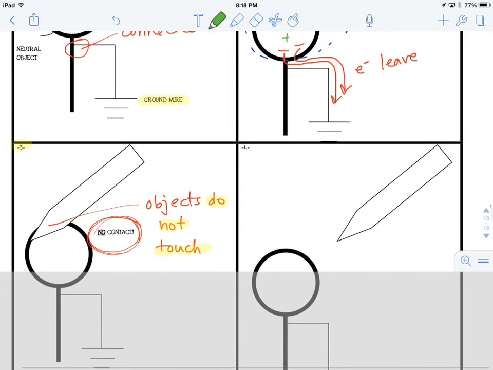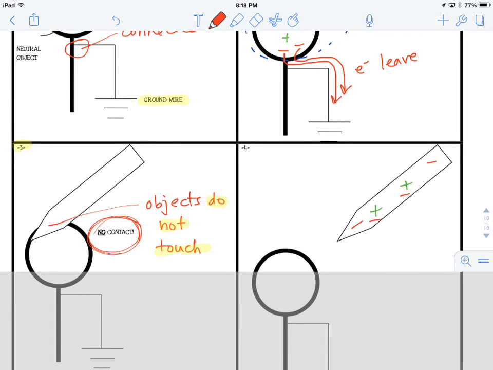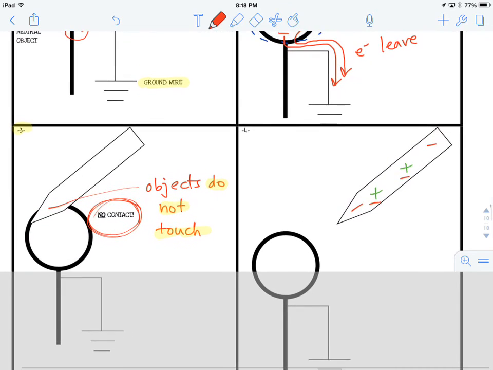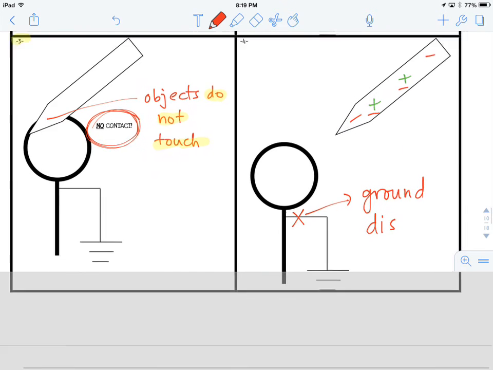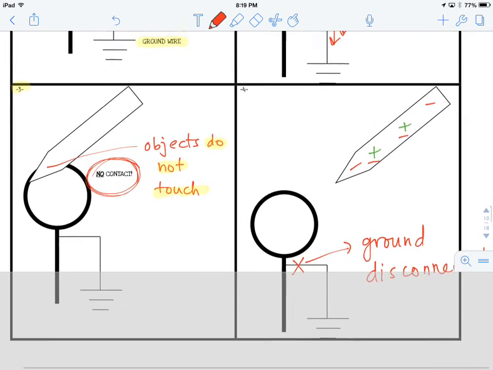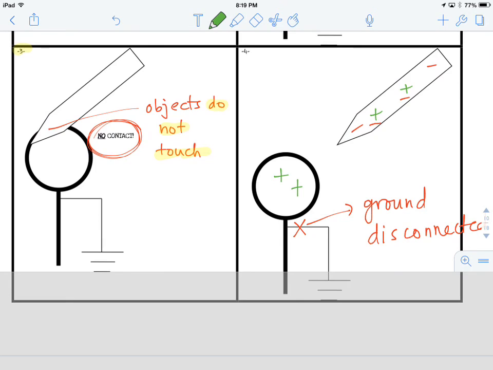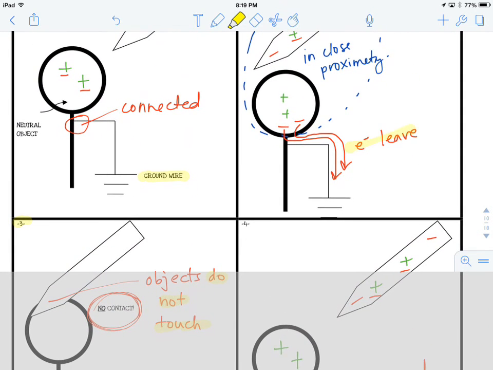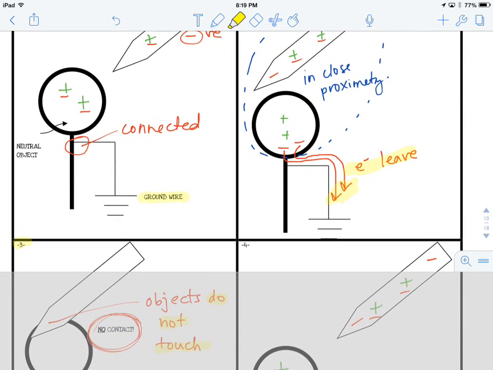We've still got our rod, which was negatively charged, and nothing's touched, so this rod still has a negative charge. But when we bring it away, and of course now the ground is disconnected, what is left is an object where, hey, wait a second, I had a neutral object, but I allowed these electrons to leave, because when we brought the negative rod close by, it scared these extra electrons away, so they left through the ground.